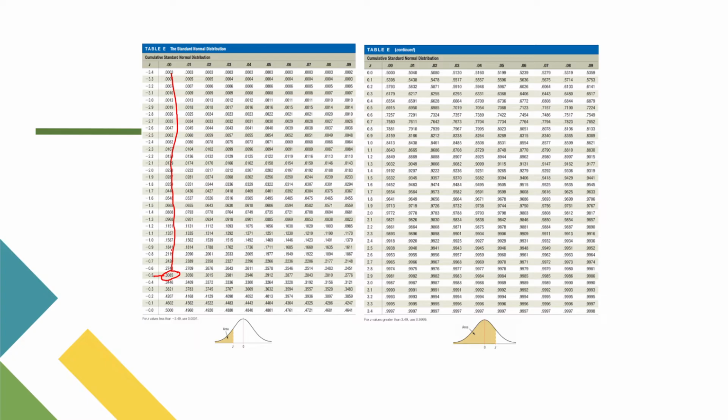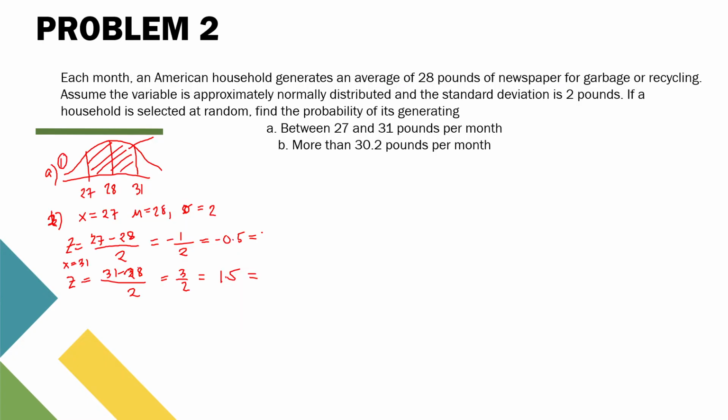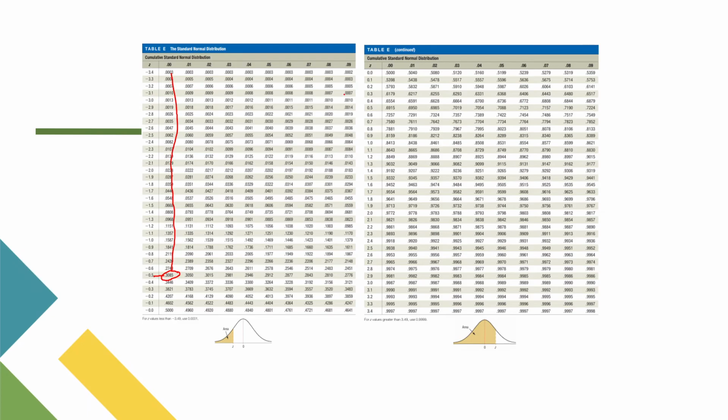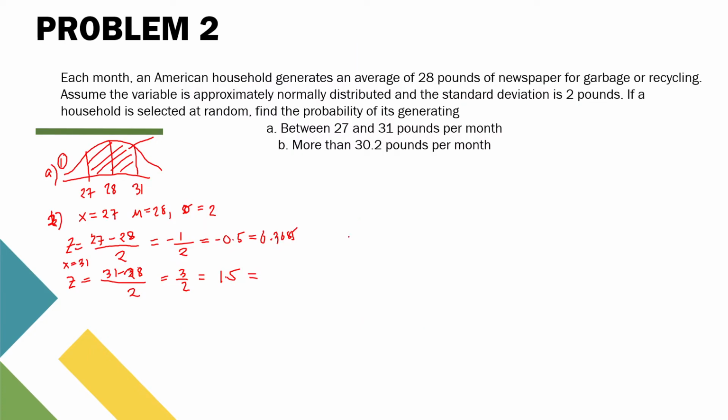So 0.3085. And for 1.5, 1.5 here, and this one, we have 0.9332.